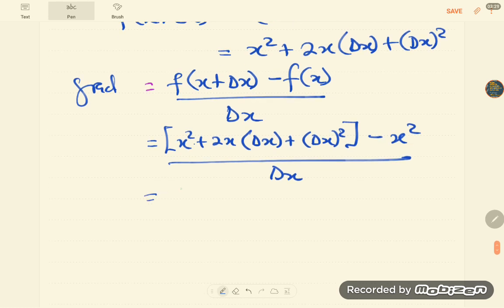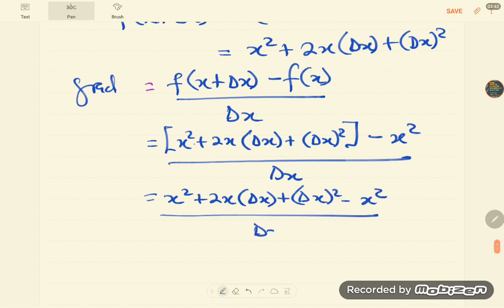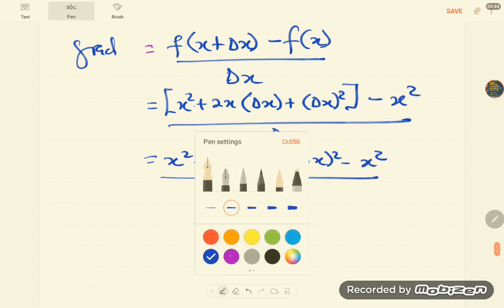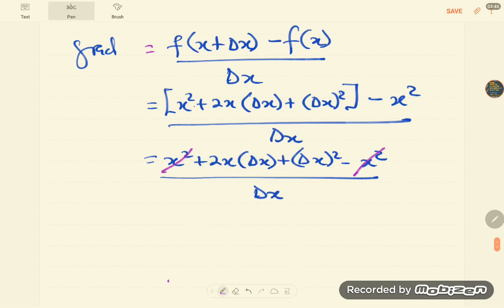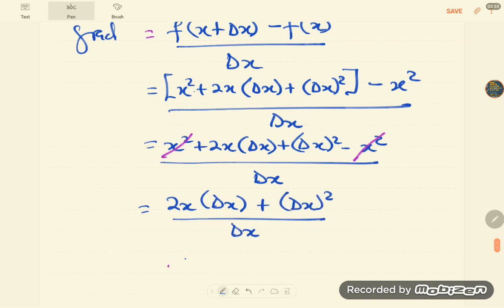And upon removing brackets, or square brackets in this particular case, we end up with this, but if you take note, these two will subtract each other, leaving us with 2x delta x plus delta x squared over delta x.